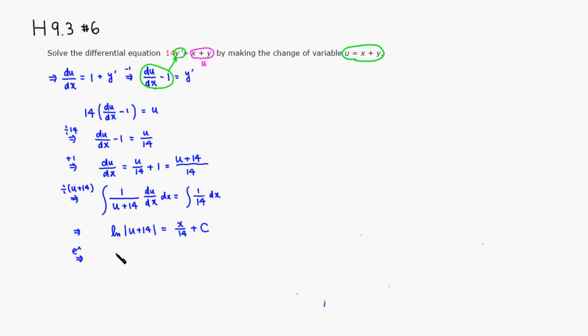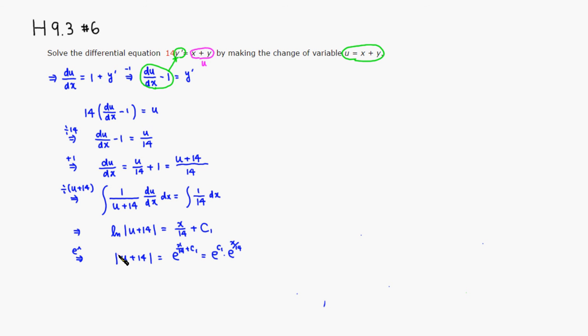Then you get the absolute value of u plus 14 is equal to e to the x over 14 plus c1, which can be split into e to the c1 times e to the x over 14. Then we can take off the absolute value sign.